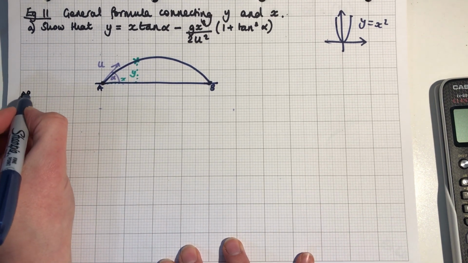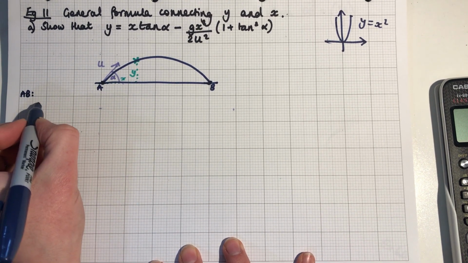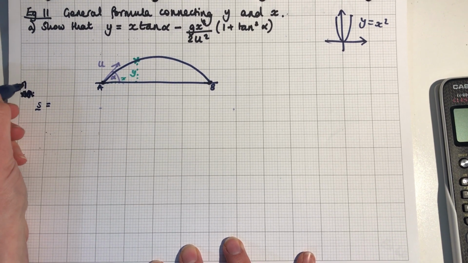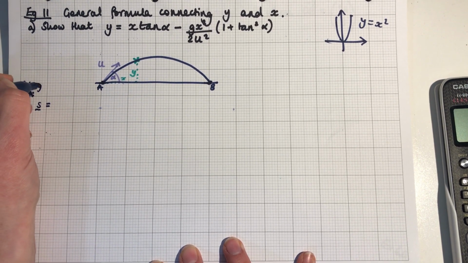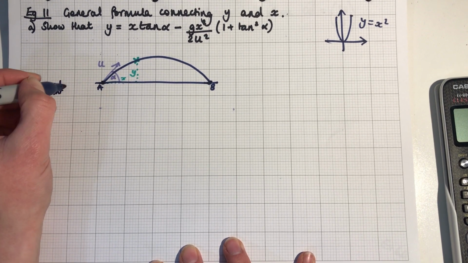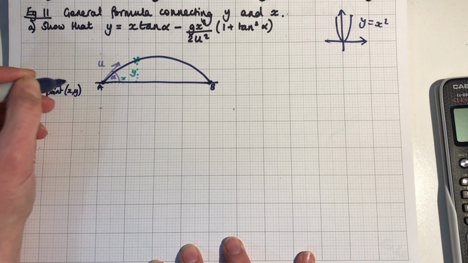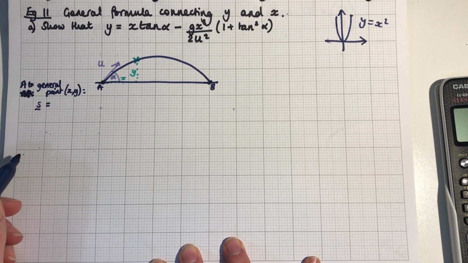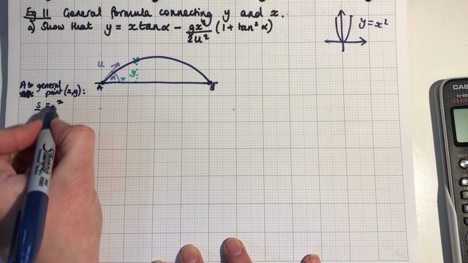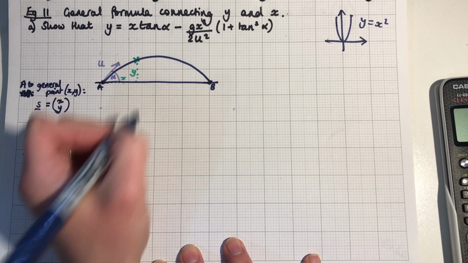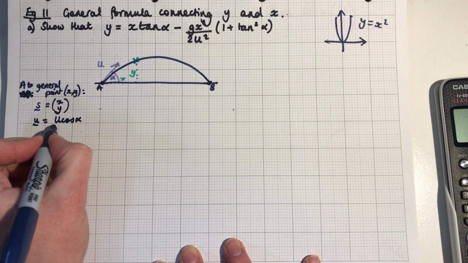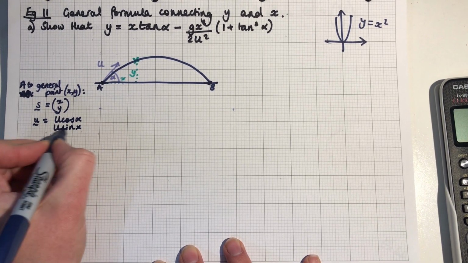For our journey from A to a general point x, y, we have S equals x, y, because it's some horizontal, some vertical distance. U equals u cos alpha, u sine alpha.